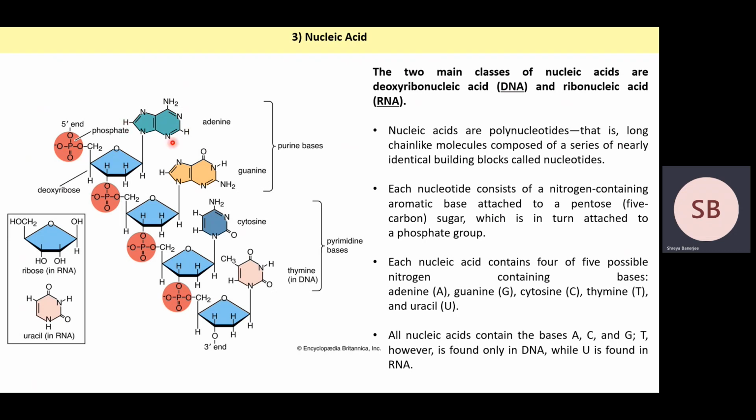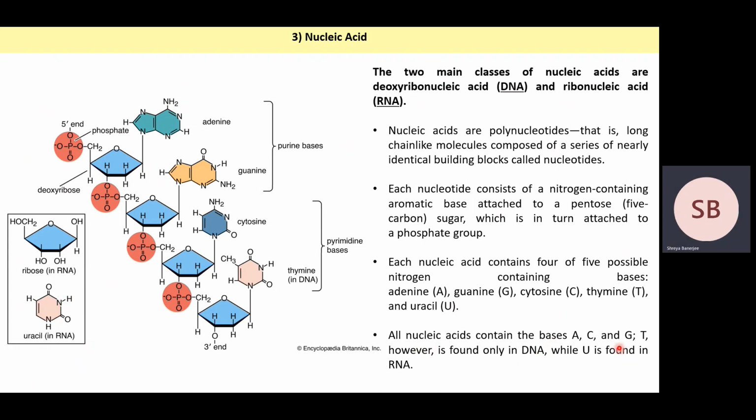Other than the nitrogenous base, the nucleotide consists of a pentose or 5-membered sugar ring, which is attached to a phosphate. Each nucleic acid consists of 4 of 5 possible nitrogen-containing bases: adenine, guanine, cytosine, and thymine. And in RNA, you have uracil.